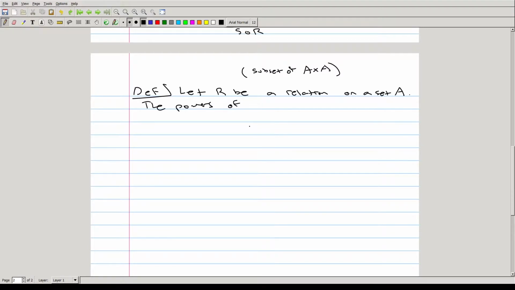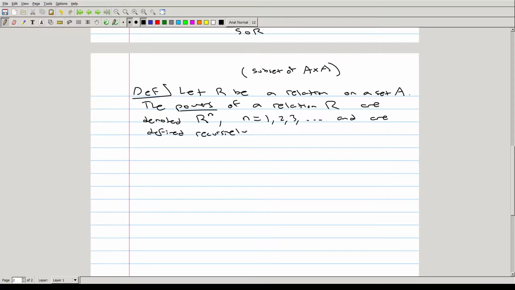The powers of a relation are denoted R to the n, for n equals 1, 2, 3, any positive integer, and are defined recursively by R to the 1 is just equal to R, and R to the n plus 1 is equal to the composition of R to the n with itself.